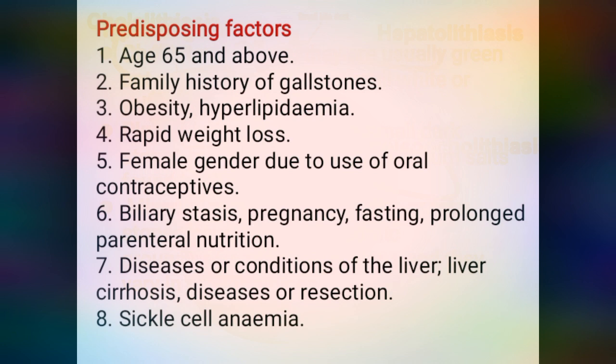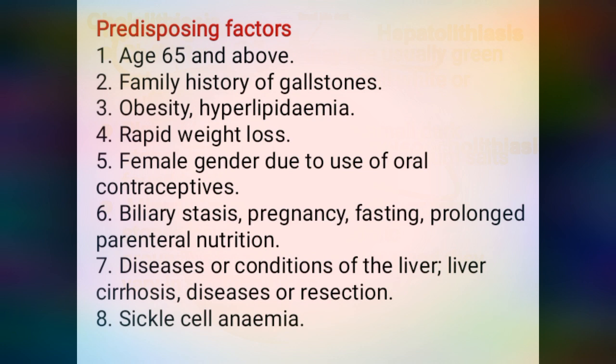And estrogen has the mechanism of increasing the levels of cholesterol, and this cholesterol is the one that we're talking of having an impact in the formation of gallstones. So the female gender is at a higher risk of developing this due to the presence of estrogen, more so if this female is on oral contraceptives.